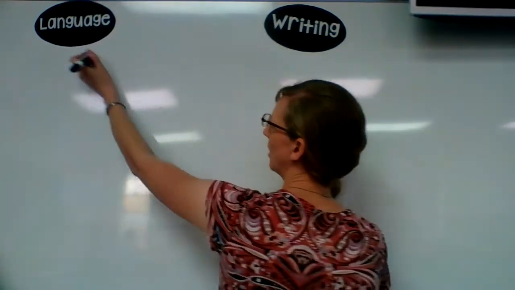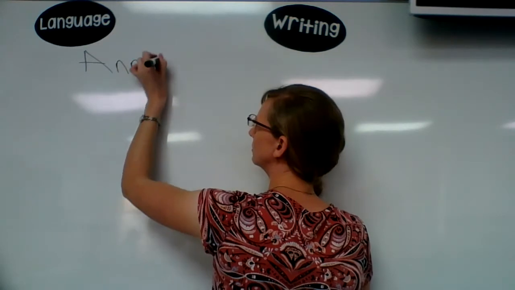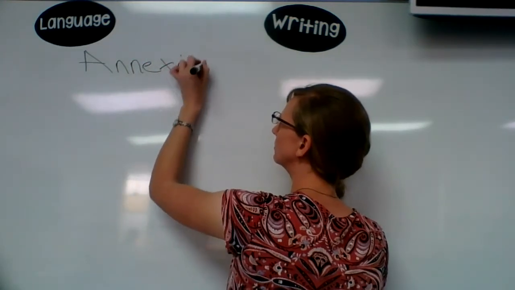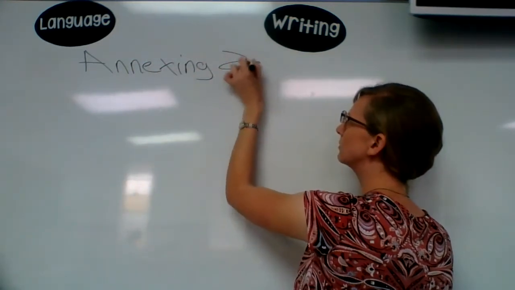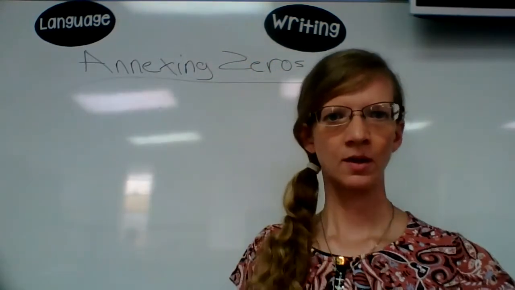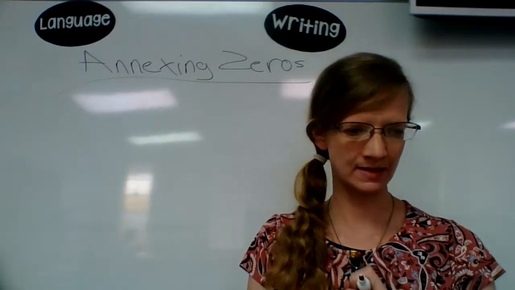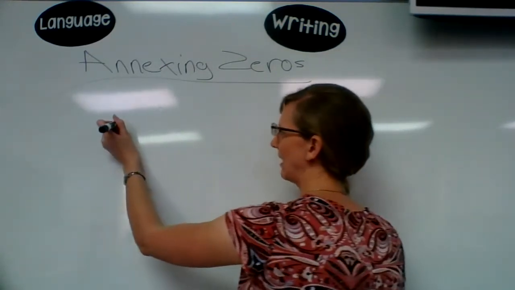Now, this is not complicated at all. But when you're annexing zeros when dividing, the first thing we have to realize is if you have a whole number, let's say I have 30.